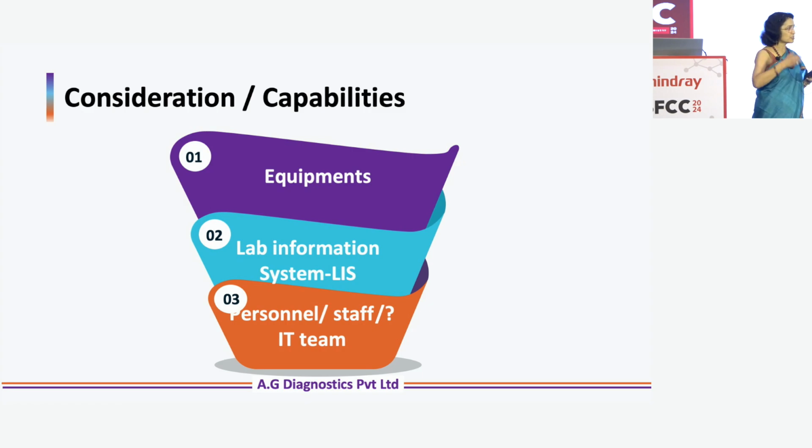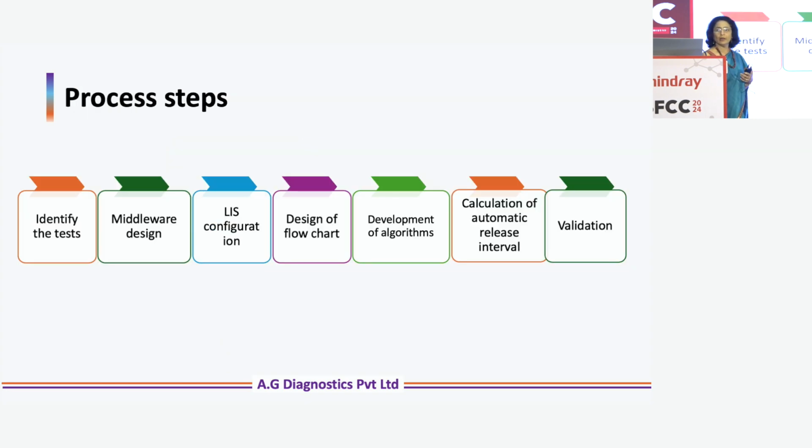So the lab has to have domain experts, people who will think and develop these algorithms. The IT team: you have to think whether you have an in-house IT team or your IT team is sitting at some other place, because then that coordination is required to get your algorithms in place.